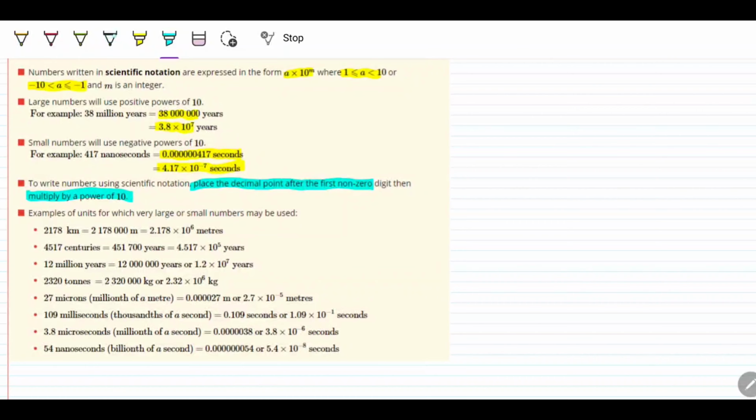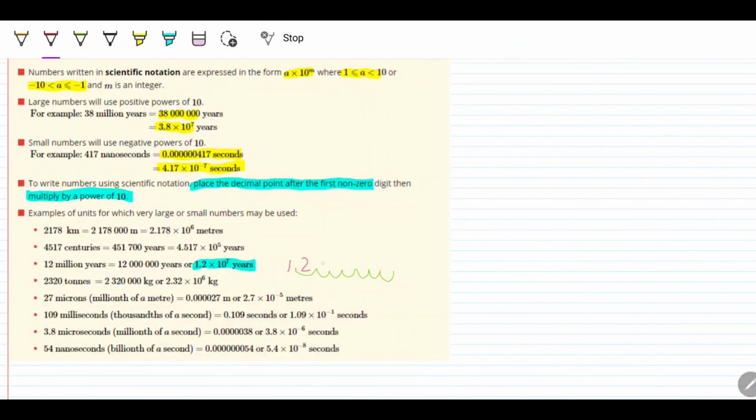A good way to look at it is if we take this example, 1.2 times 10 to the 7 years. If I write out 1.2, we know we need to multiply this by 10 to the 7. What I like to do is take my decimal point and move across to the right 7 times. So it's 1, 2, 3, 4, 5, 6, 7.